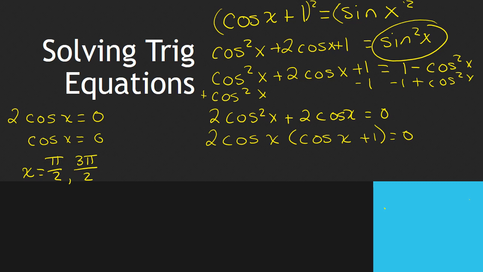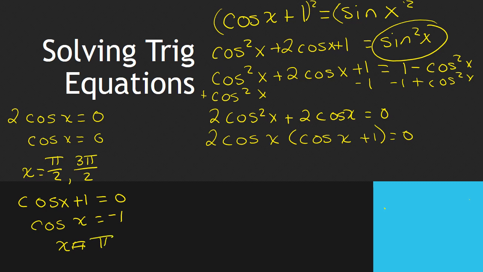And cosine x plus 1 equal to 0, cosine x equal to -1, x is equal to pi.